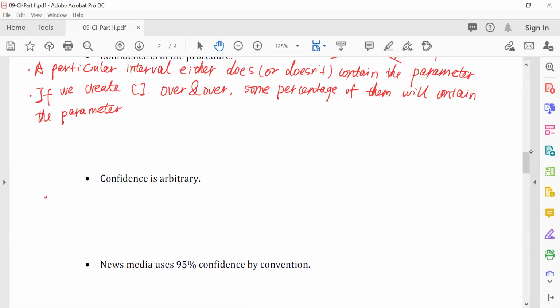Remember, we used an example before the spring break: we want to know the proportion of people in North Carolina who are in favor of a tax raise.